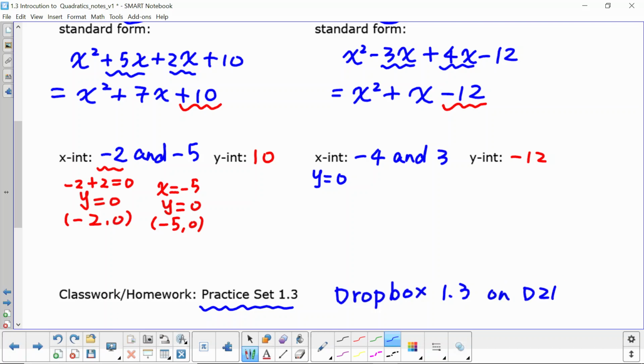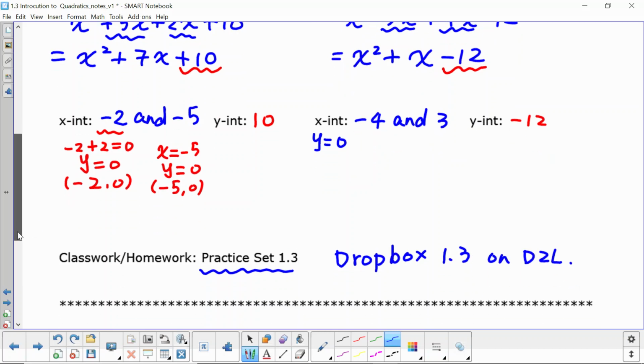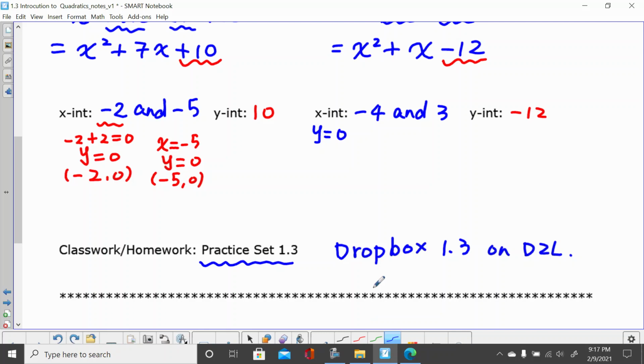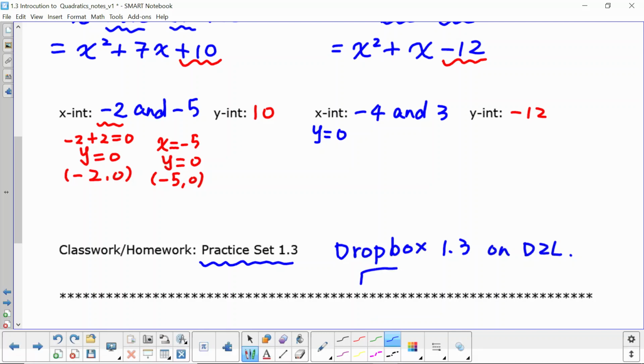And how are you going to put this on D2L? You are going to log into D2L and select our course MPM 2D. Then on the bar, you are going to click on the Dropbox. There is an icon called Dropbox.